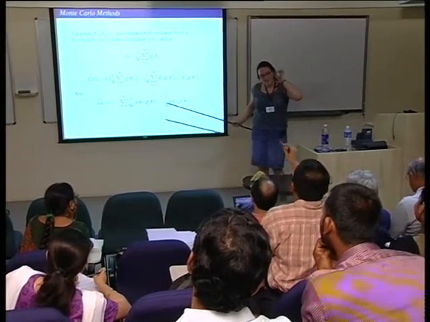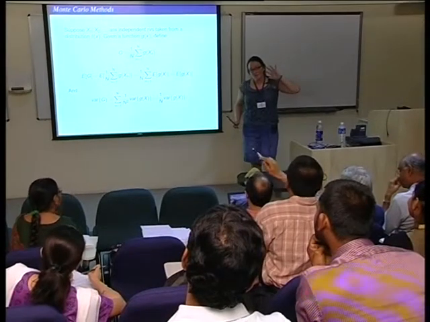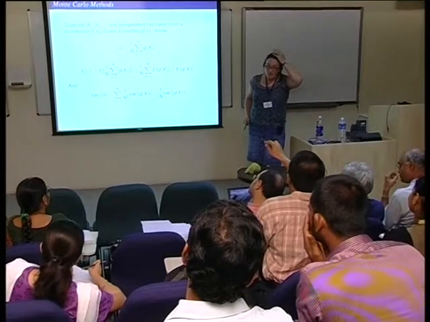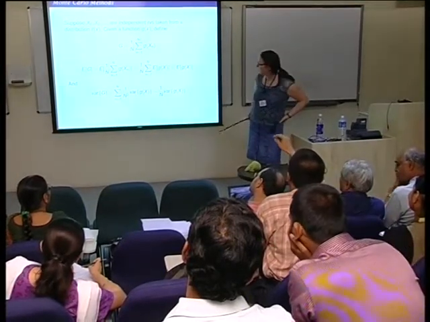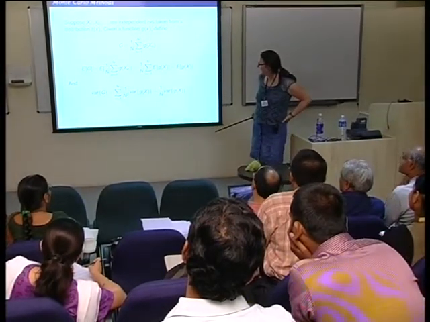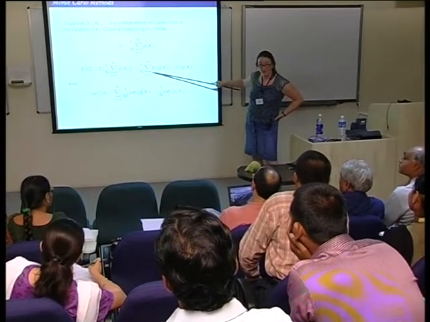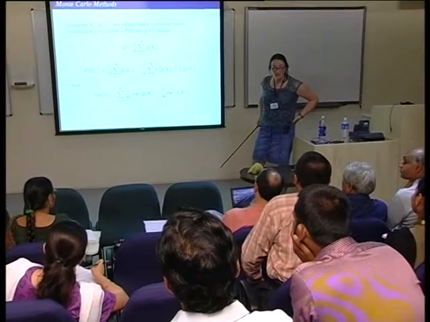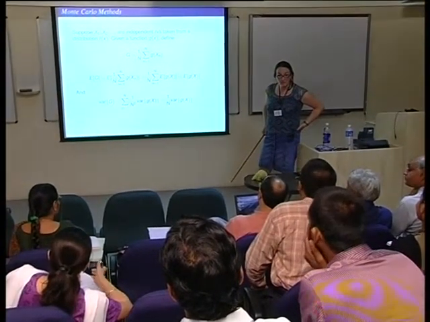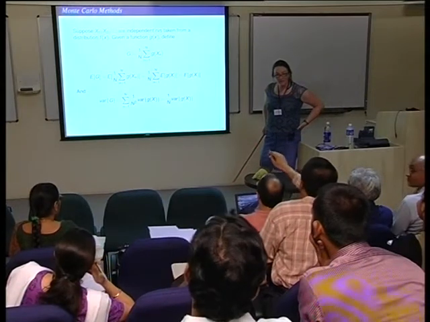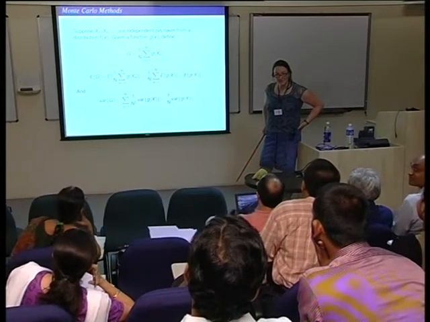I'm sorry, I just can't quite hear you. When we are considering the expectation of g(x), we know the expectation is 1 by n summation again of g(x). Here. Yes, okay. I don't think I understand your question.